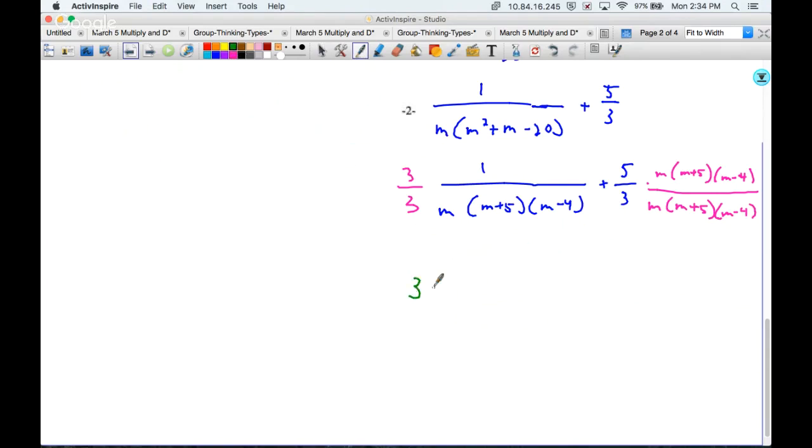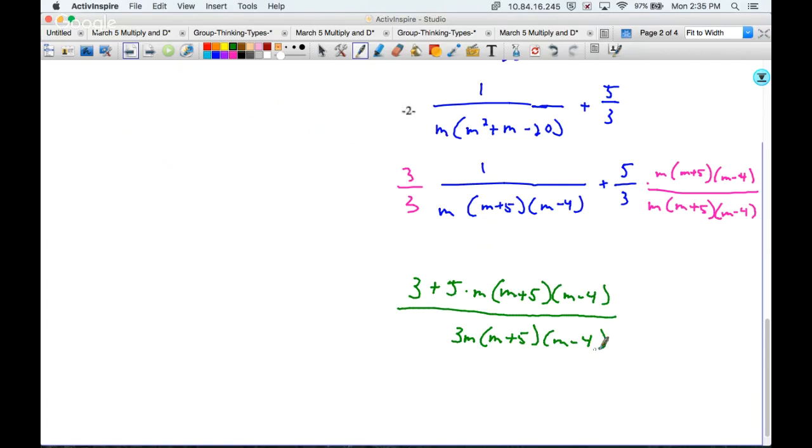So I get 3 plus 5 times m times m minus 5, m plus 5, m minus 4 across the bottom, 3m, m plus 5, m minus 4. The numerator can definitely be simplified. I know that m minus 5, m plus 5 is equal to m squared plus m minus 20.